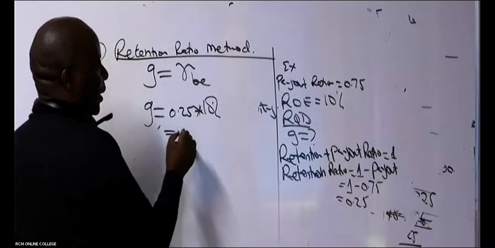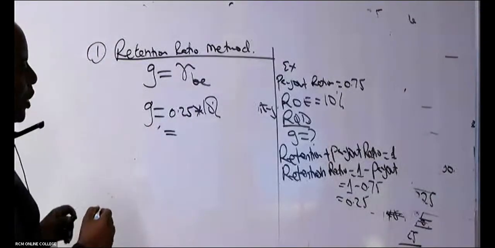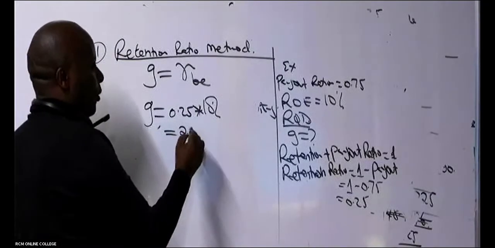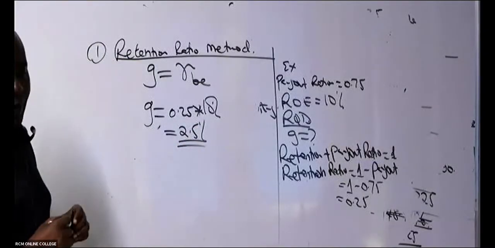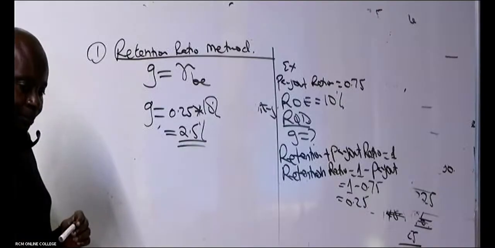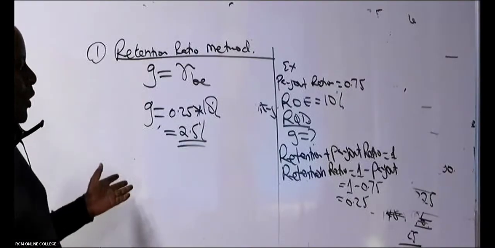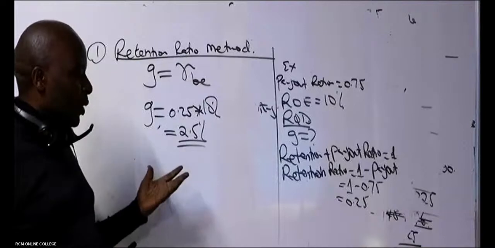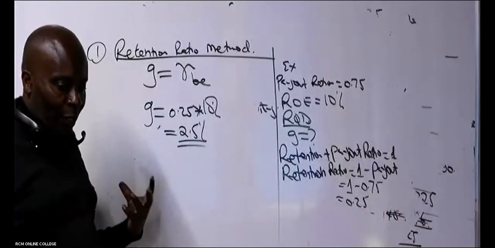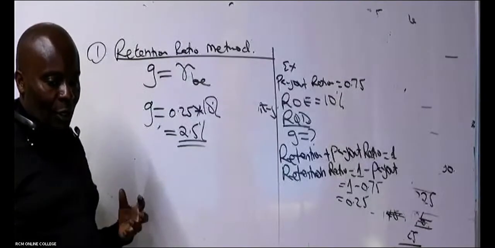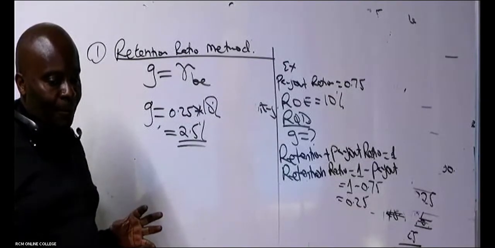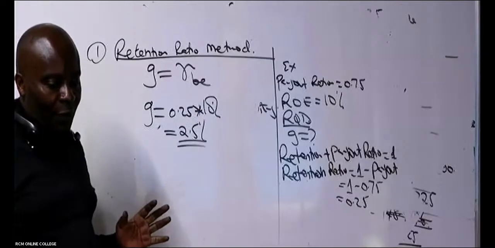Can somebody confirm to me that this will end up giving us 2.5%? You can say 0.25 times 0.1, whatever answer you get times 100, it'll end up giving us 2.5%. So is that okay, ladies and gentlemen, for all of us?